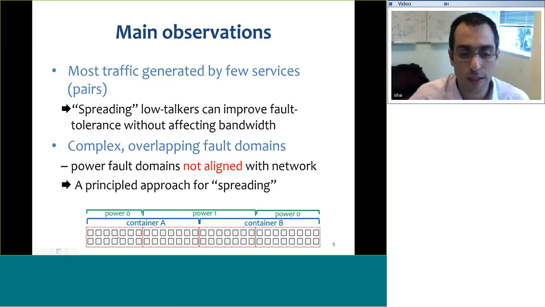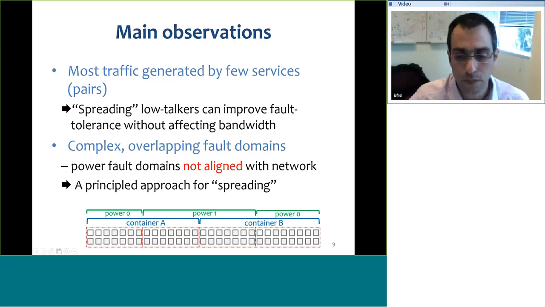Okay, so you could have a situation in which you see that container A actually uses power from both power source 0 and power source 1, and also container B uses the same power resources.